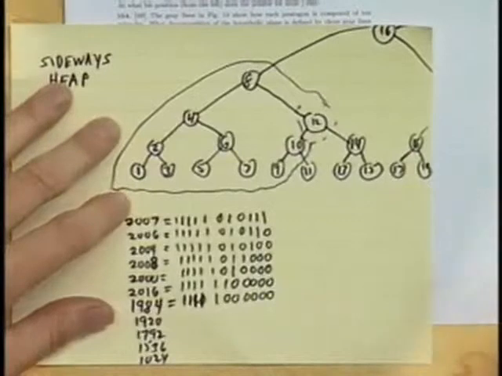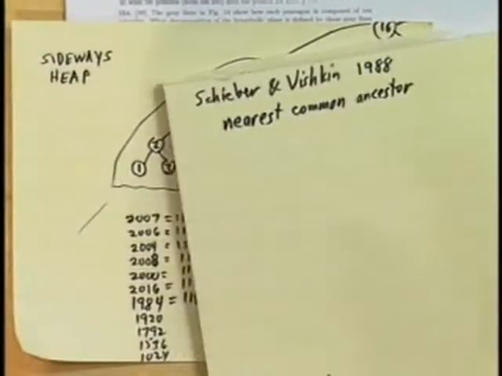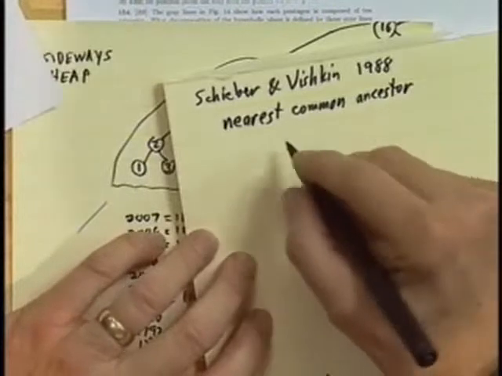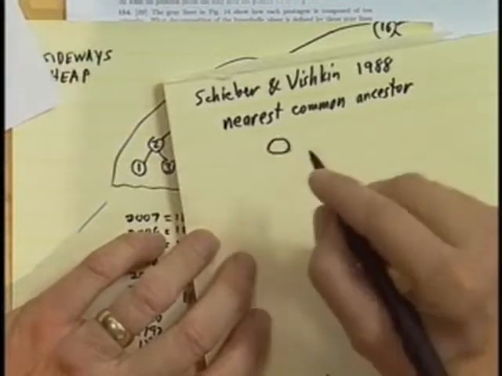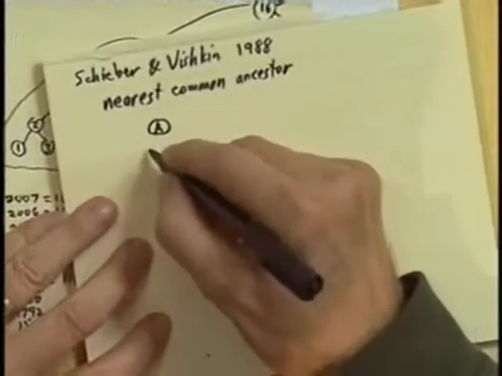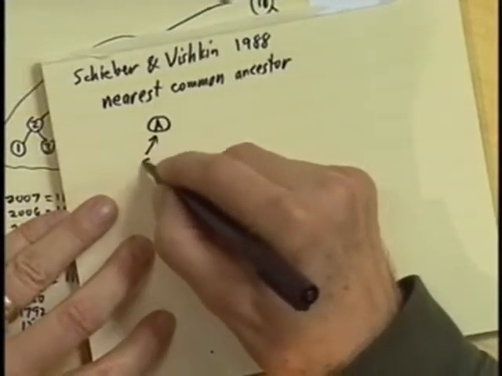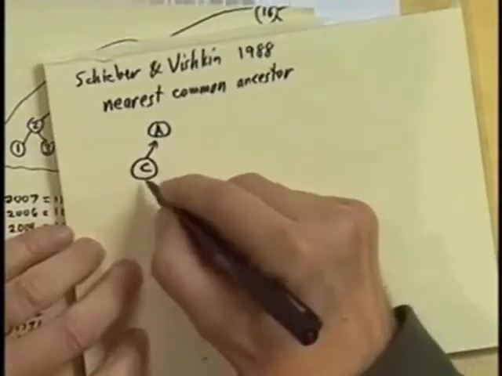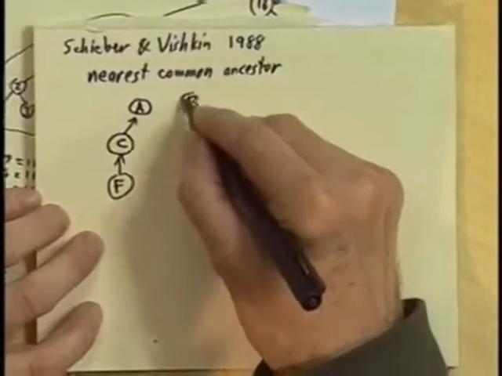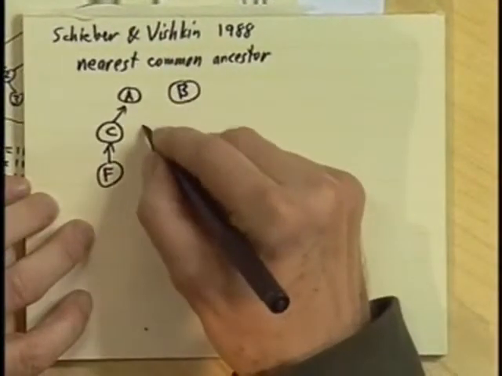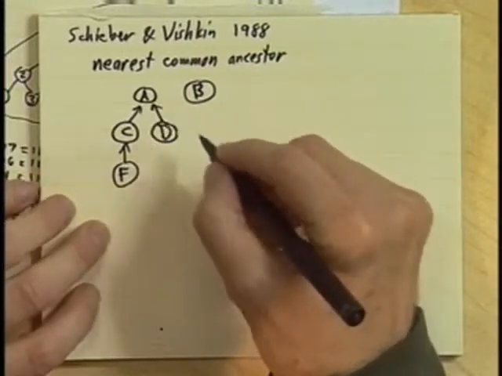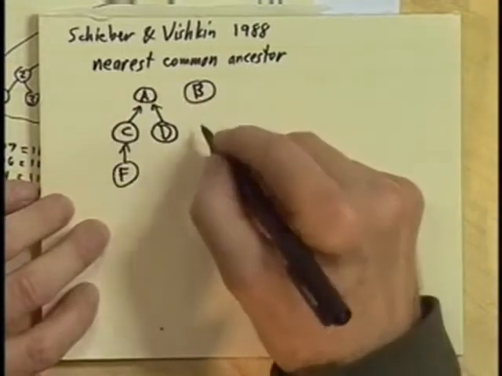Somebody just gives us an arbitrary oriented forest, and an oriented forest is a situation where it's something like this. I will draw you a typical oriented forest here. B, C, let's put D here underneath A. Everybody has at most one arc coming out of it.